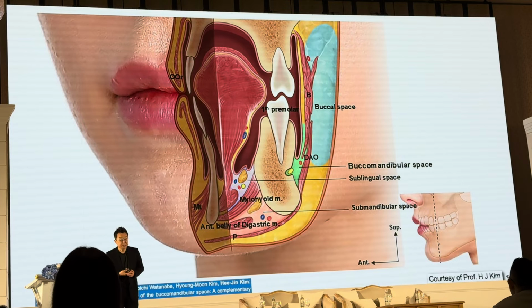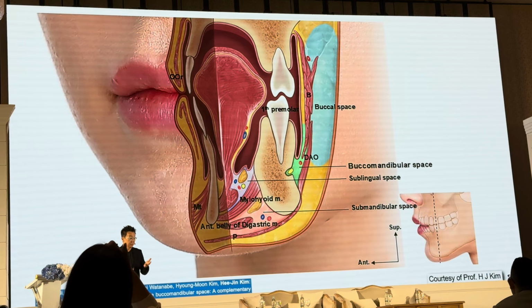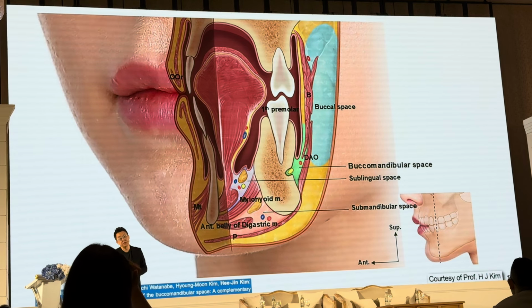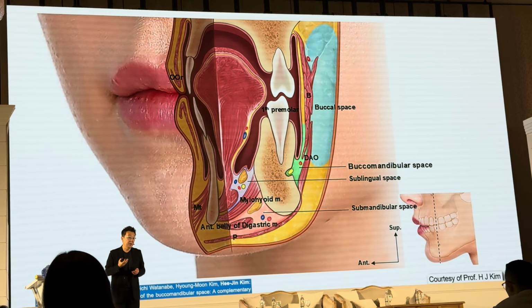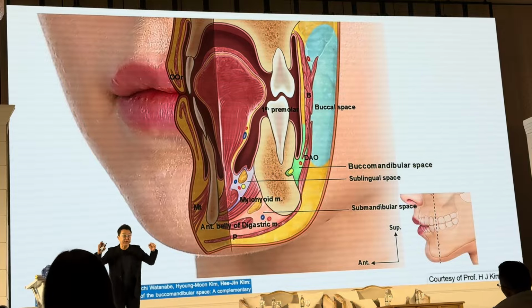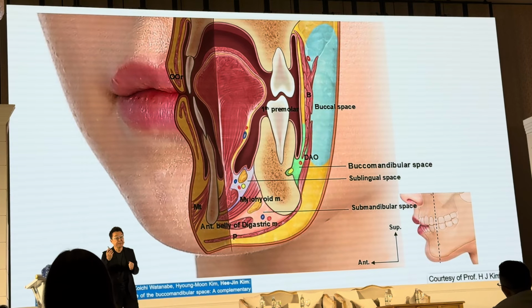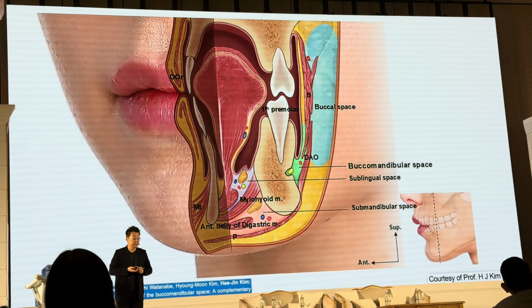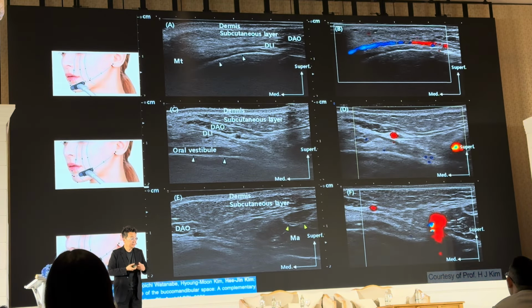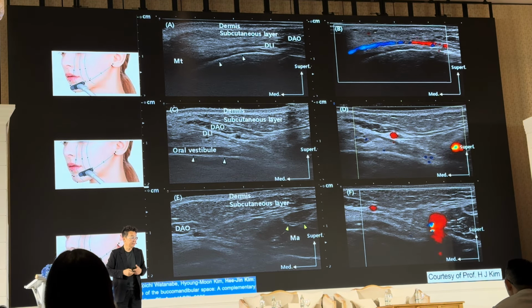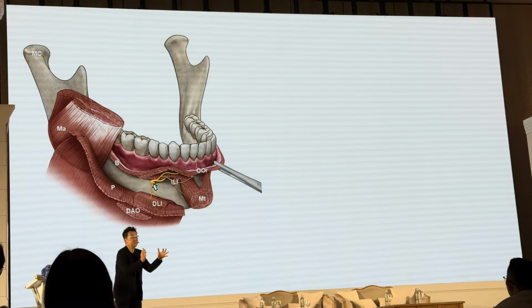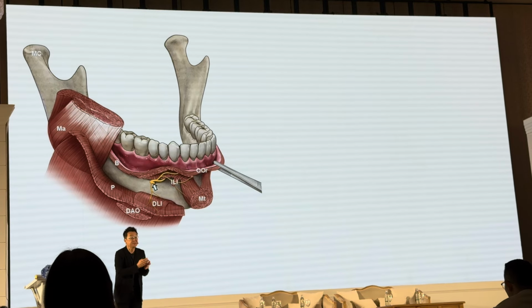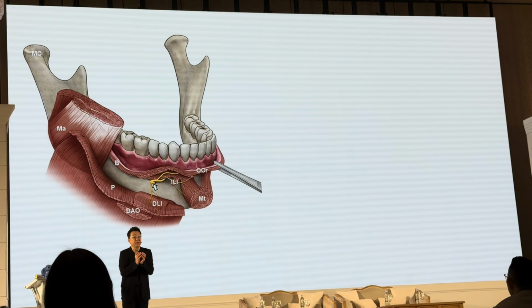This is the buccal space at the lower face. Generally the buccal space has been used as an anatomical location in terms of the infectious pathway or metastasis. With ultrasound, we can demonstrate the structures clearly, including the muscle layers, and from the dissection, yes, this is the buccomandibular space around the mental foramen.